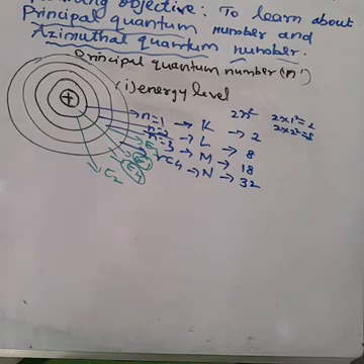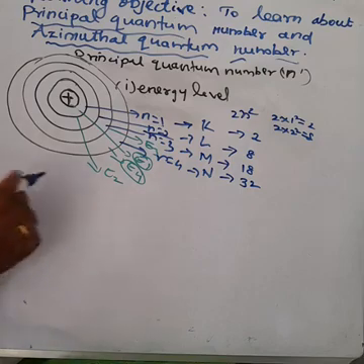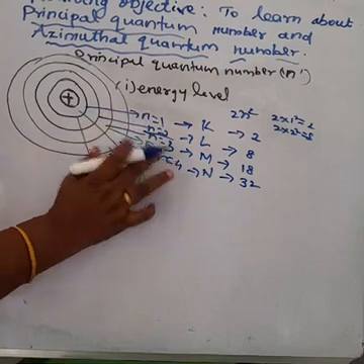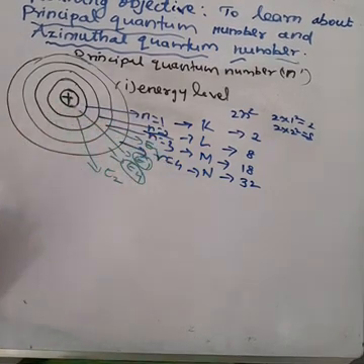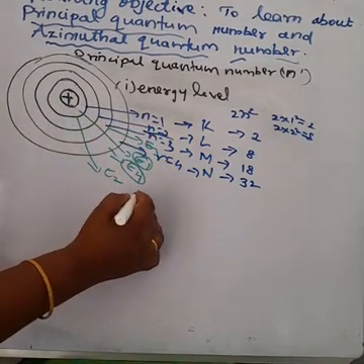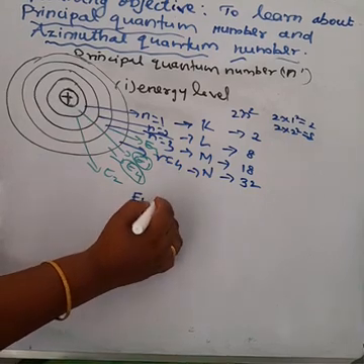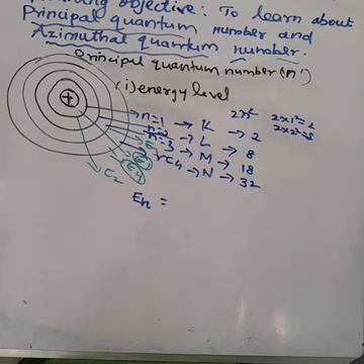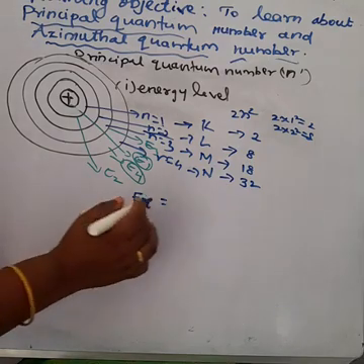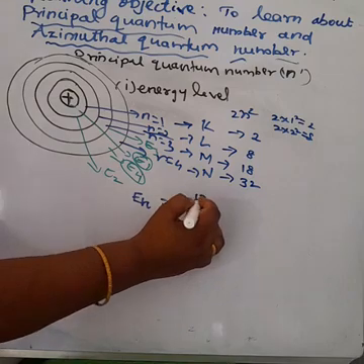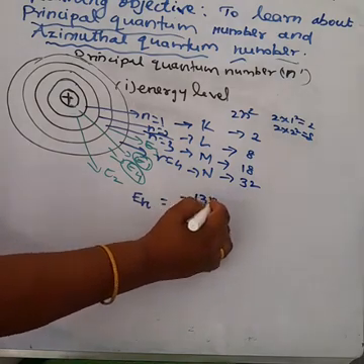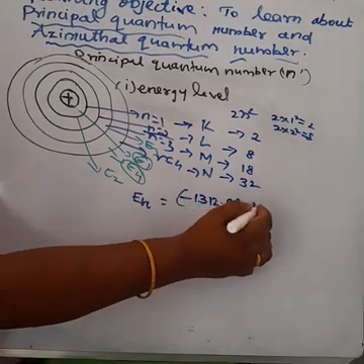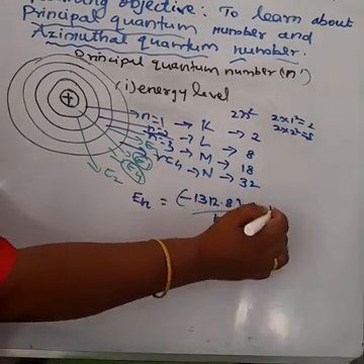Also, n gives the energy of the electron. How do we calculate the energy of the electron? One formula is En, the energy of the electron. En is equal to minus 1312.8 by n square into z square, in kilojoule per mole.